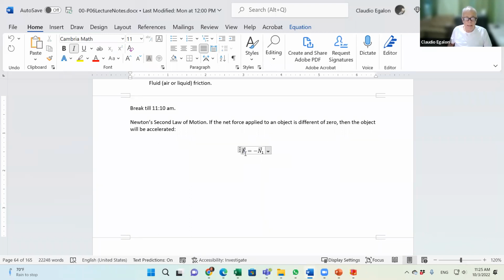In terms of equations, we write this way: net force equal to mass times acceleration.